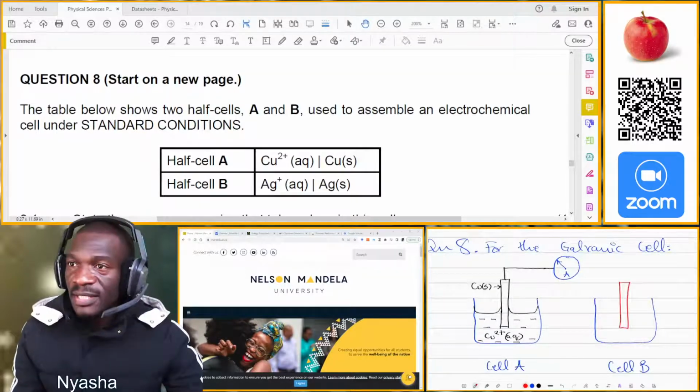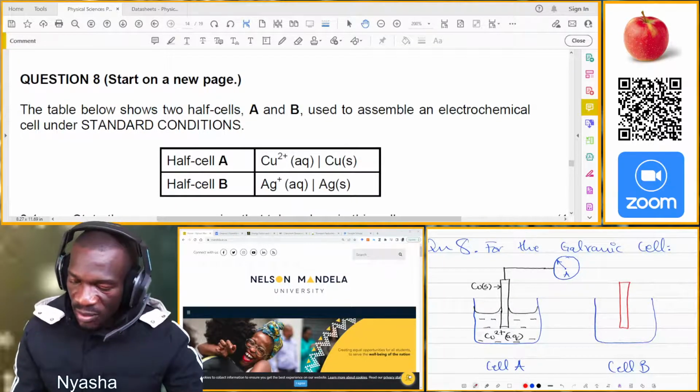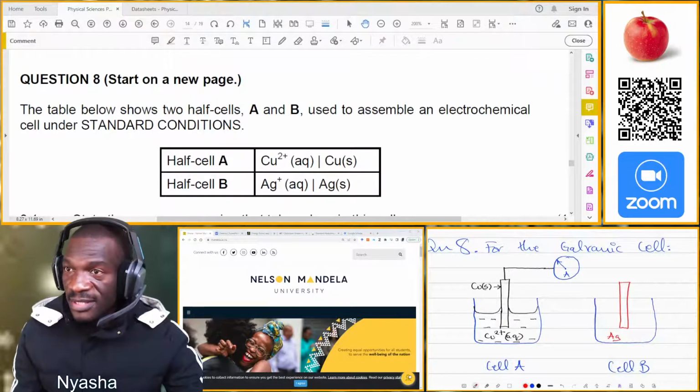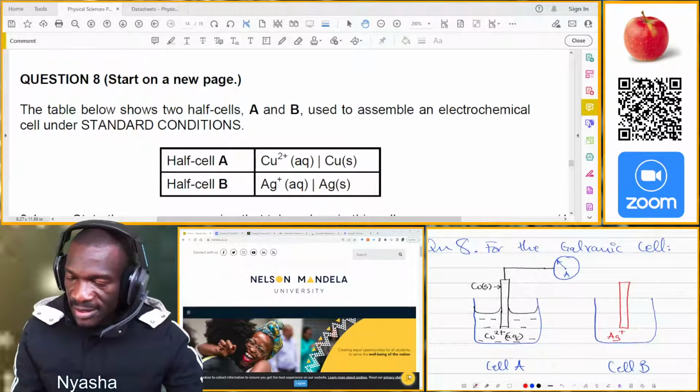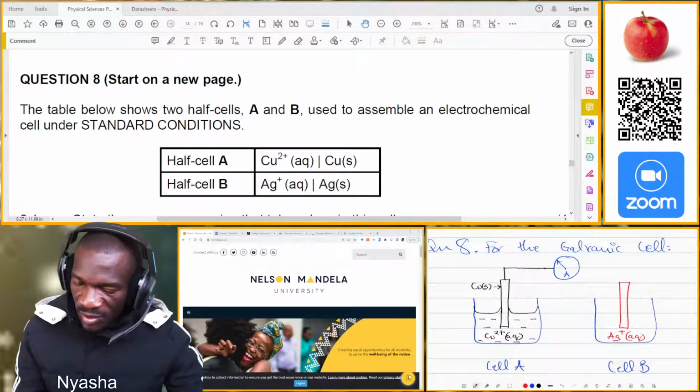We know that it is within a solution of silver ions, Ag+, and these are ions in aqueous solution. So let's also draw that solution of silver ions. So there we have some solution of silver ions and something at the bottom there.